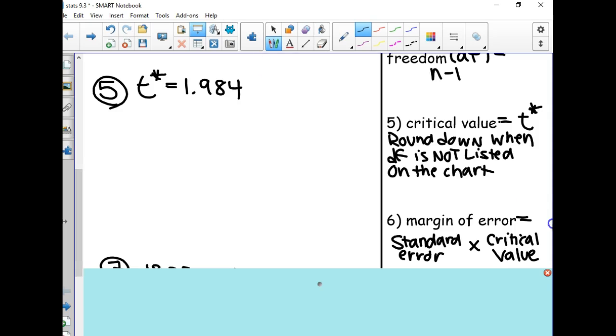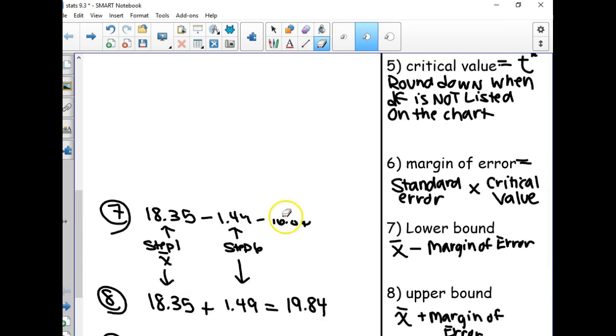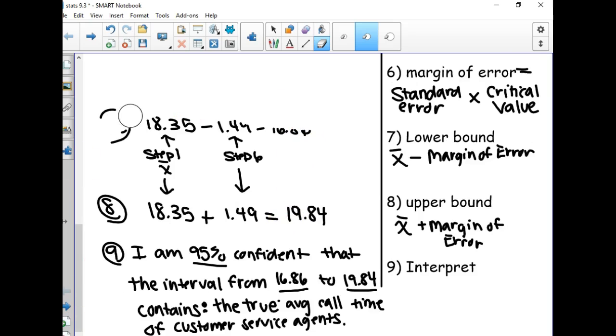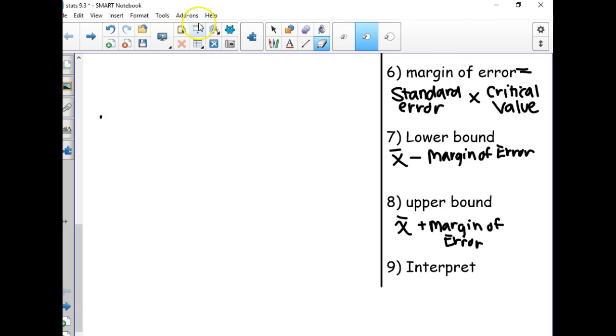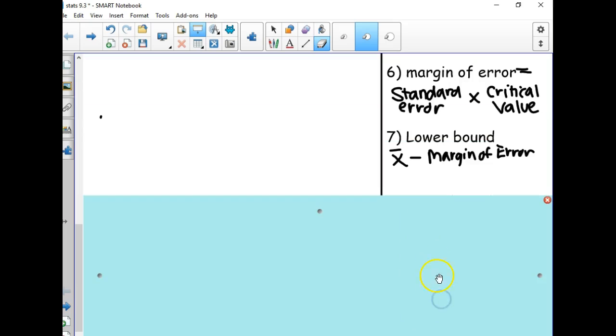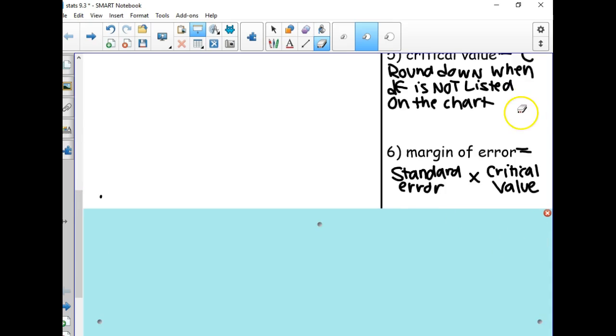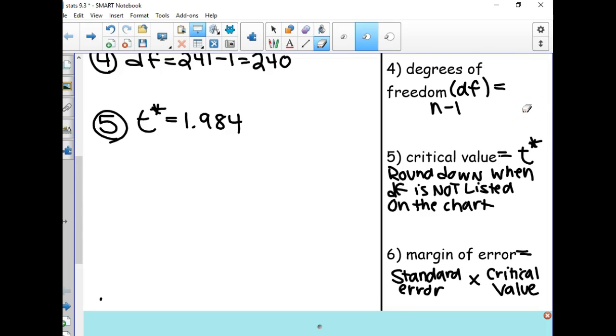So we need to look for our standard error, and our standard error was 0.76.